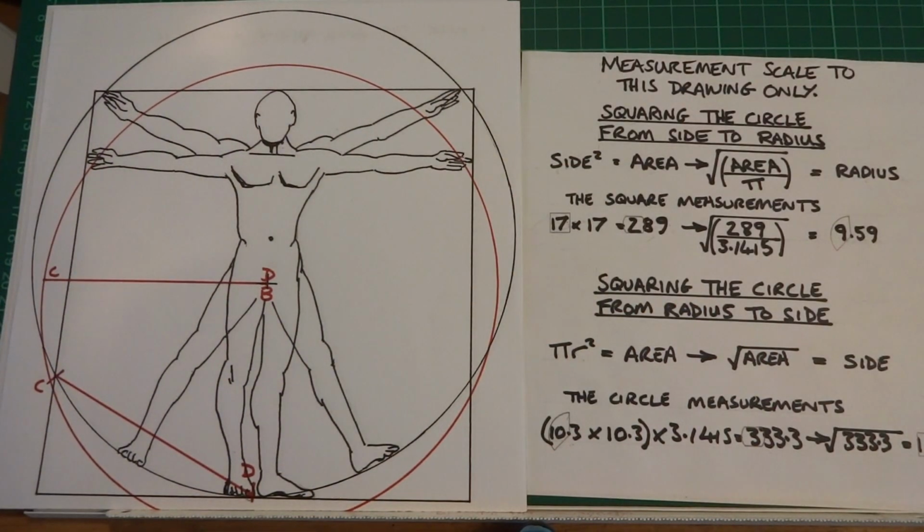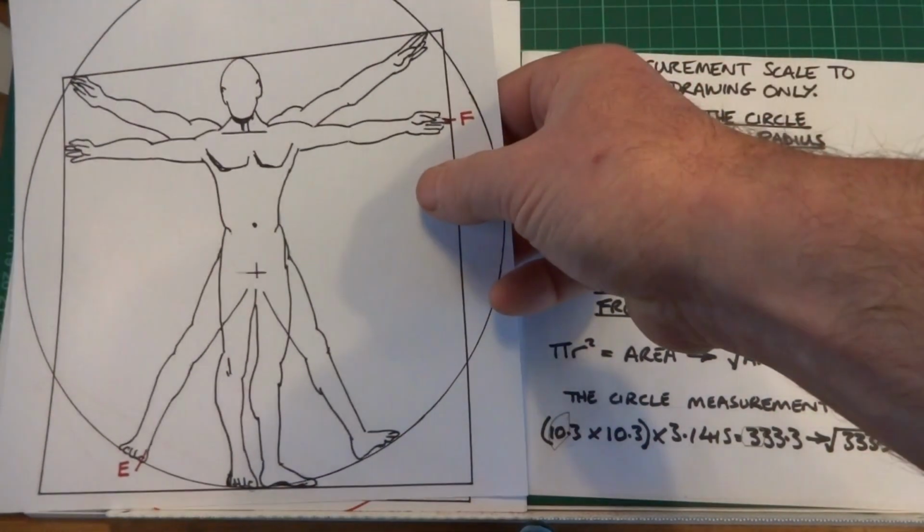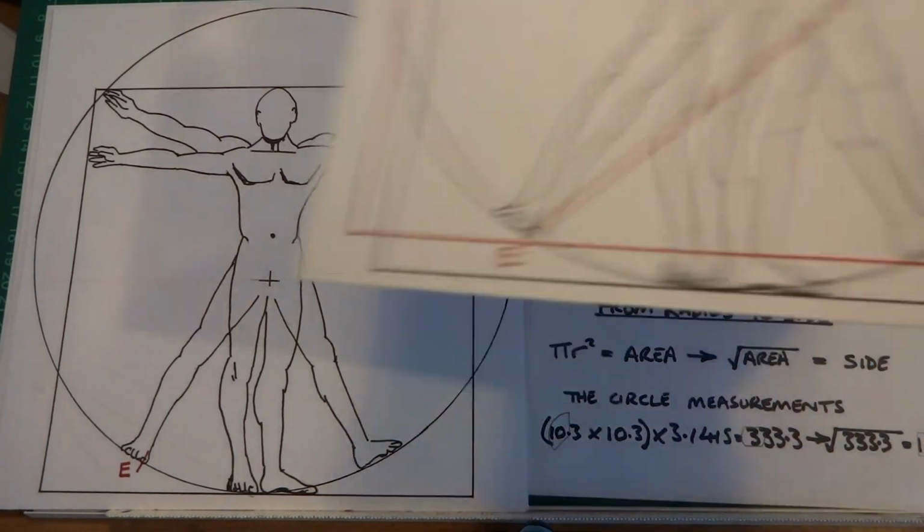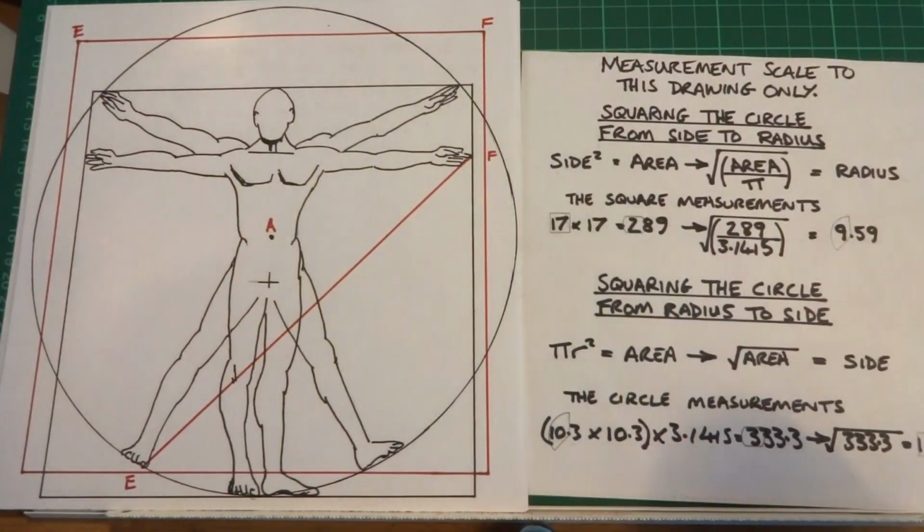But what about the circle? I slept over this question and realised that the length EF could be the length of the side of the square to square the circle of the circle. I made the calculations, and it is.